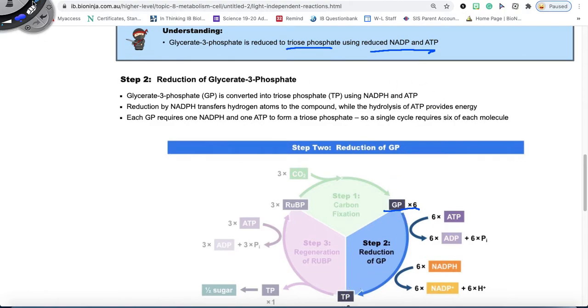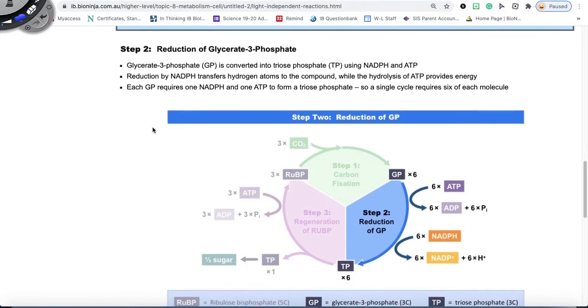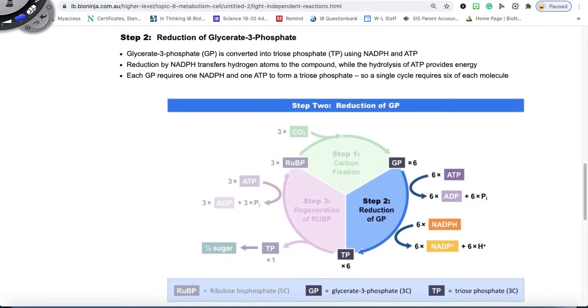GP is a 3-carbon compound, and triose phosphate is also a 3-carbon compound. So if we start off with 6 GPs, we're going to end up with 6 TPs, triose phosphate. This reduction is just a conversion.